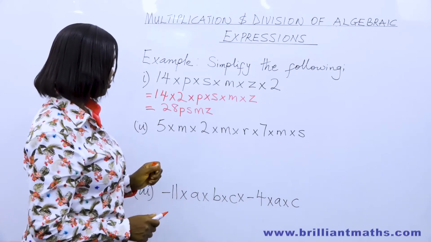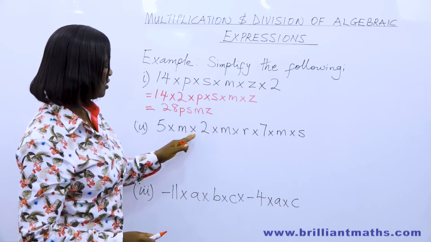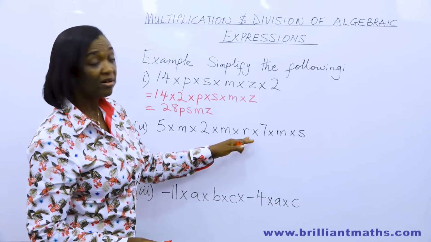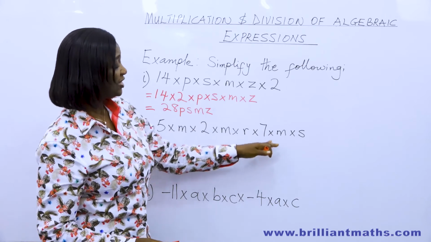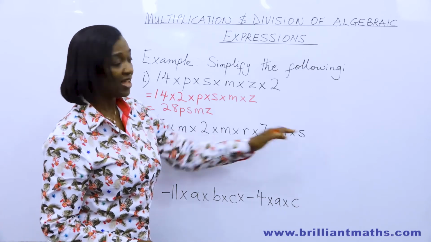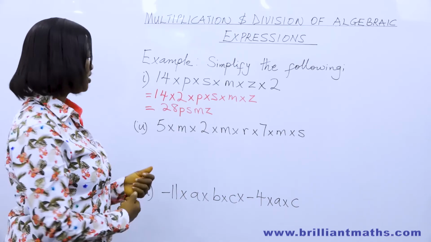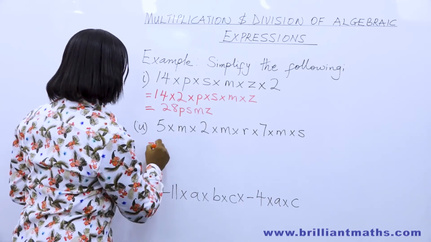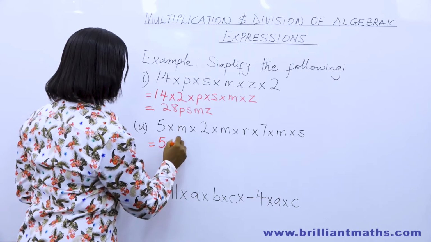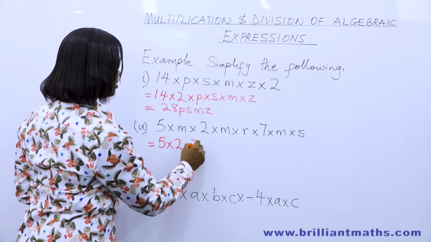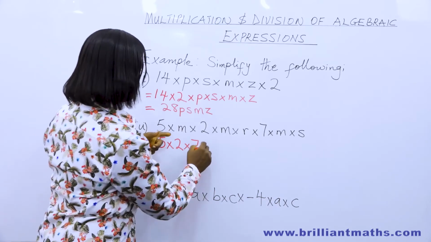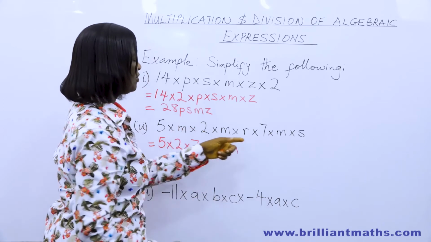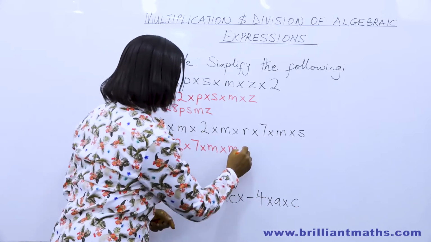In the next example, we have 5 times m times 2 times m times r times 7 times m times s. So let's group the like terms. Let's write them side by side. So we have 5 times 2 times 7 times m times m. There's another m here.